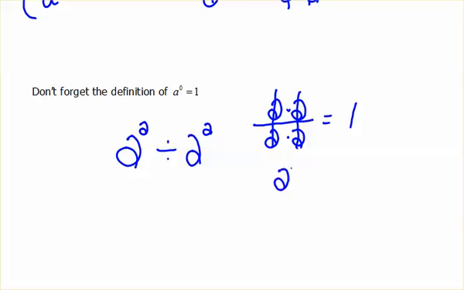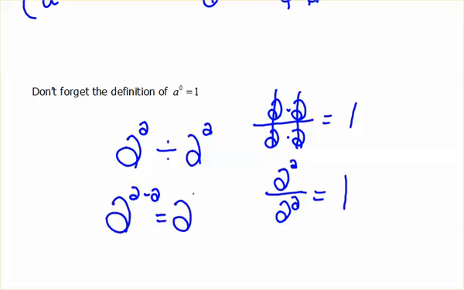Or you could even put them together and say 2 squared over 2 squared, anything divided by itself is 1. Or you could look at it as, when we're dividing like bases, we subtract the exponents. So if I said 2 to the 2 minus 2 power, that would be the same thing as saying 2 to the 0, which we've already shown is 1.